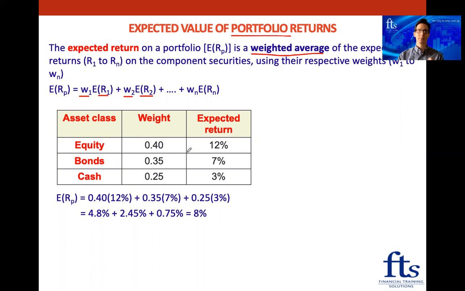So to work out the expected return, we take the 40% and multiply that by the expected return in equity, and we've got 35% in bonds. We multiply that by the expected return of the bonds, and we've got 25% in cash. So we multiply that by the expected return of cash, and we just sum it all up, and there's the expected return, 8%.